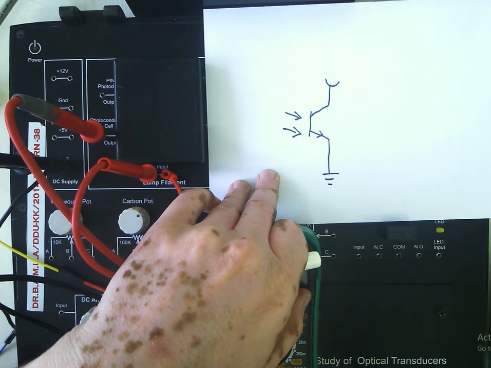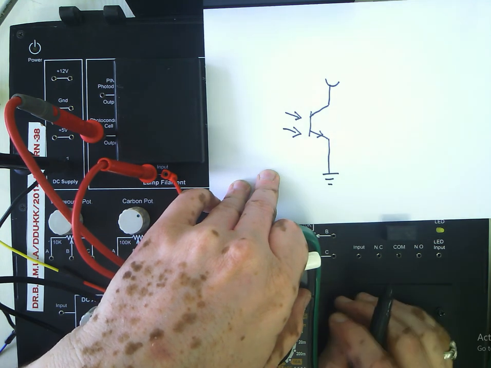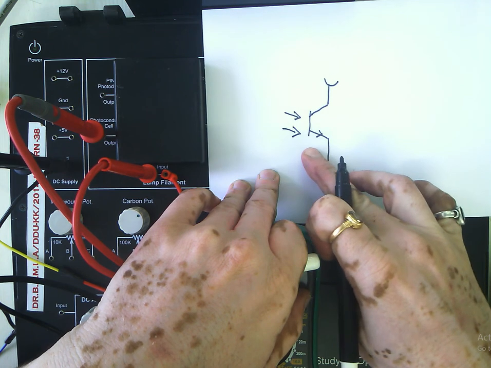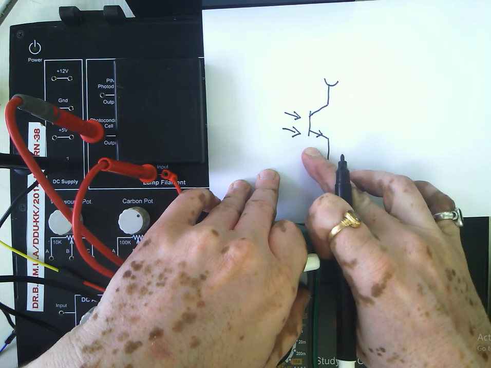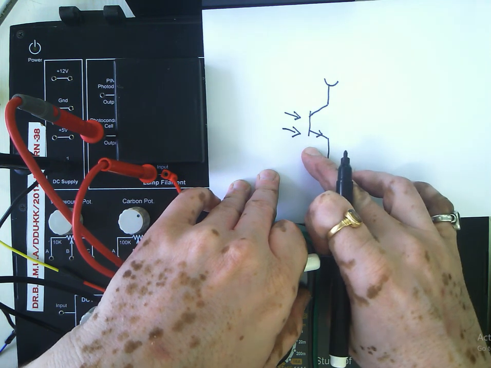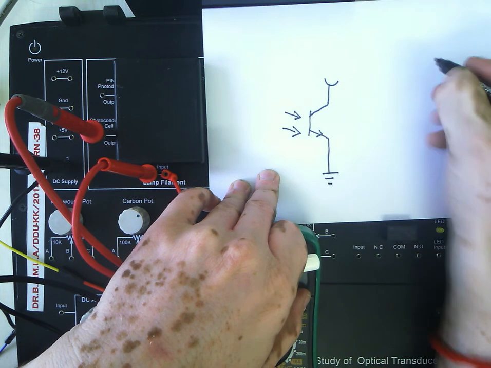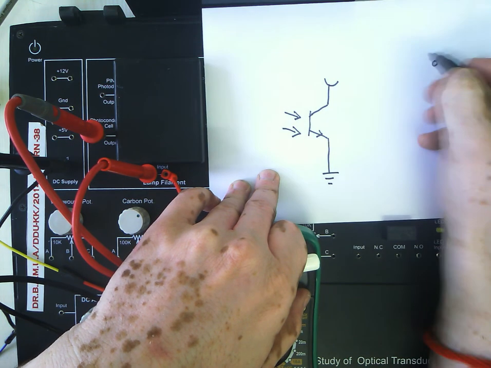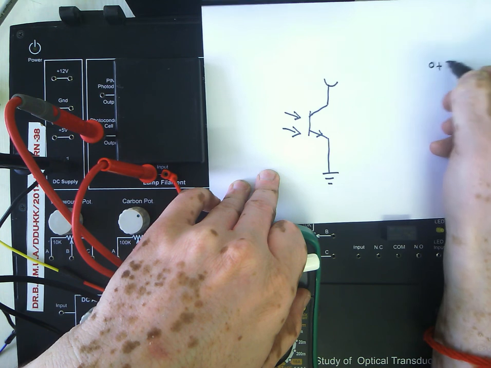Now what I will do, I will simply put on light at the base of the phototransistor, and my objective is to see that how much current is flowing through it. So what I can do very simply is I will use the onboard 5-volt supply.